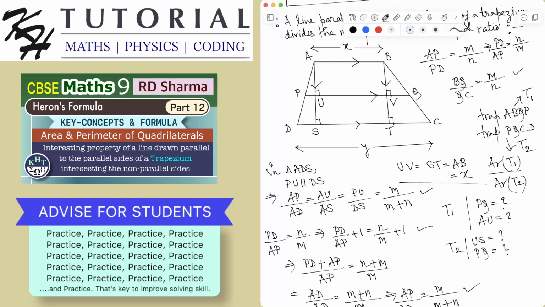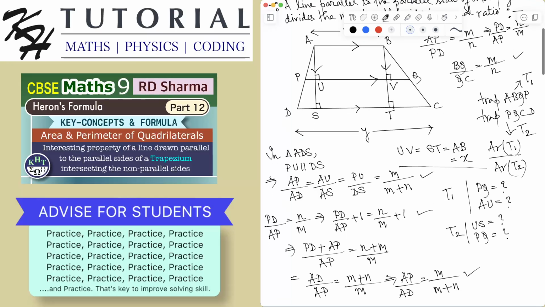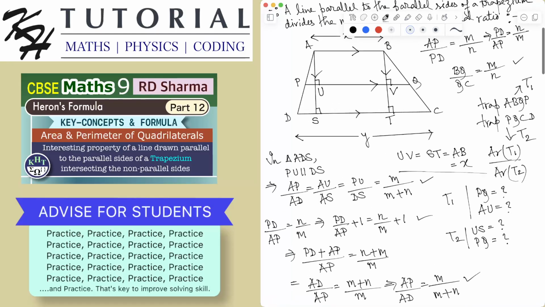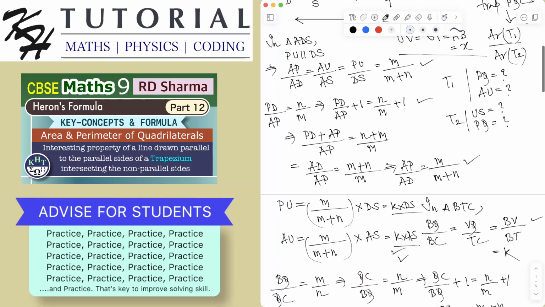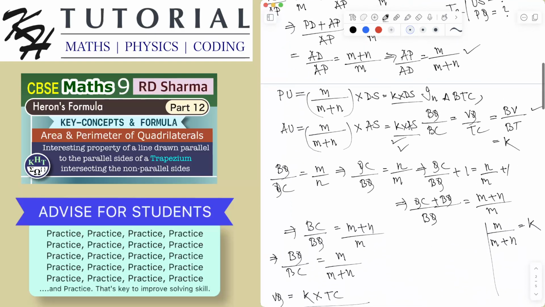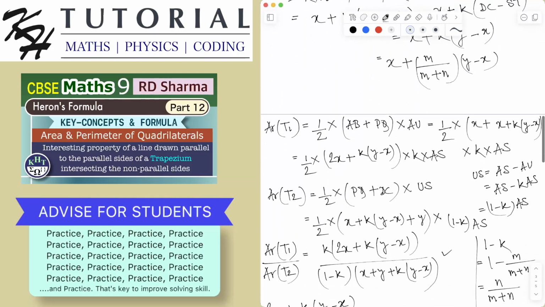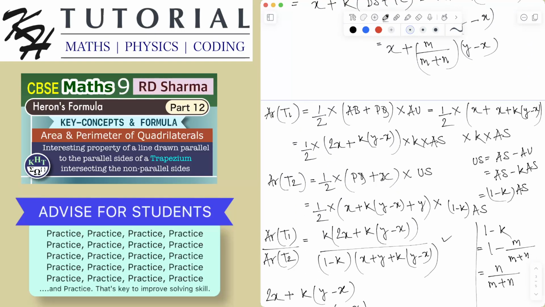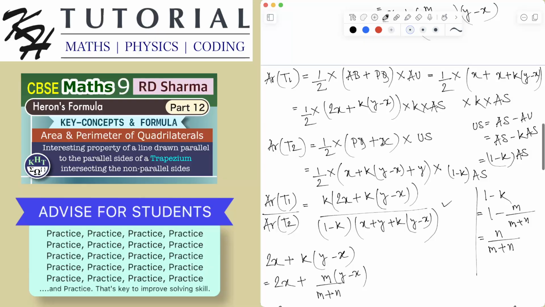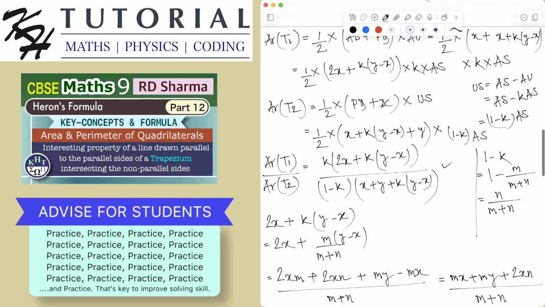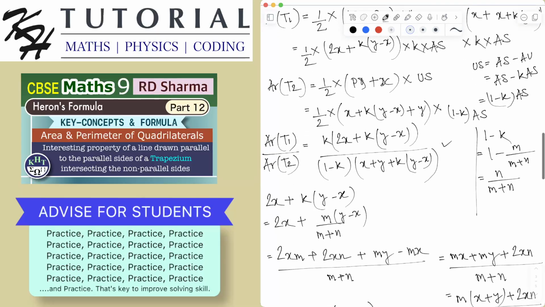So let's see. What is the area of the trapezium T1? Area of the trapezium T1 is 2x.